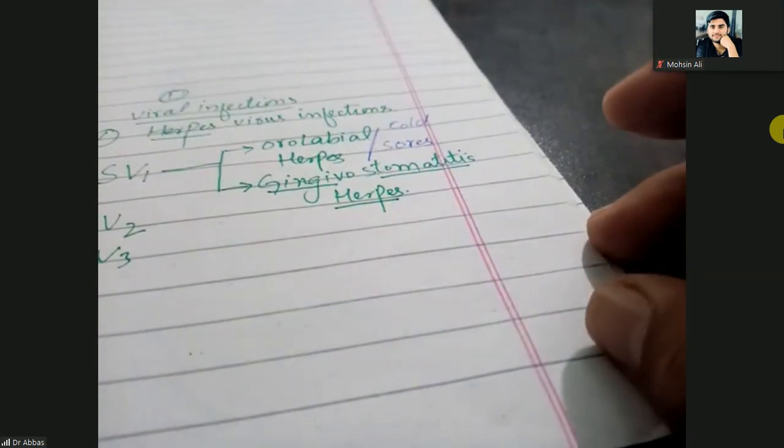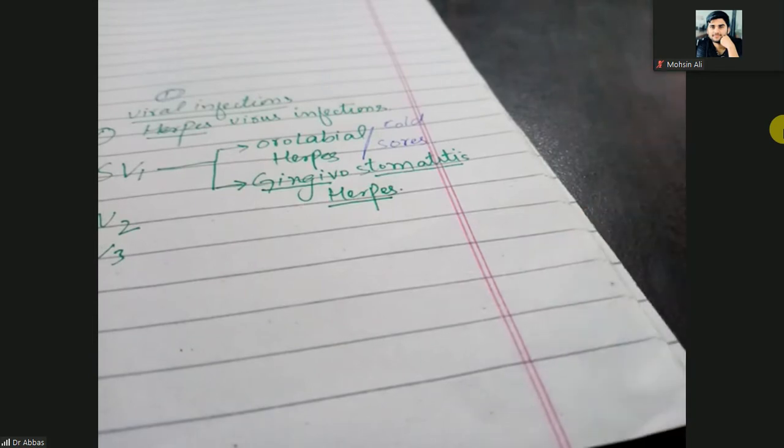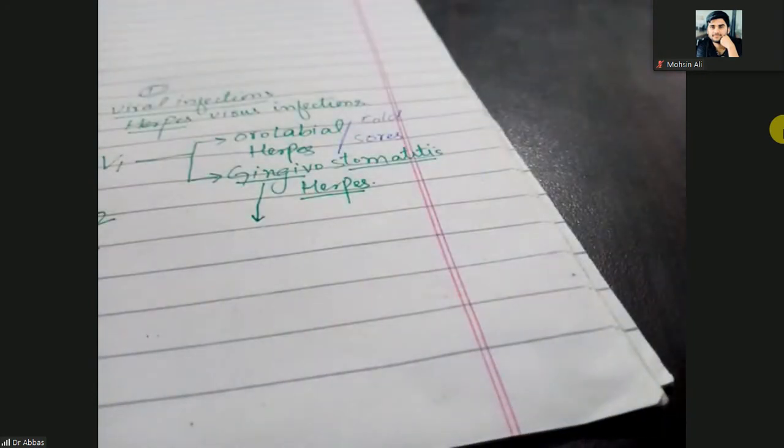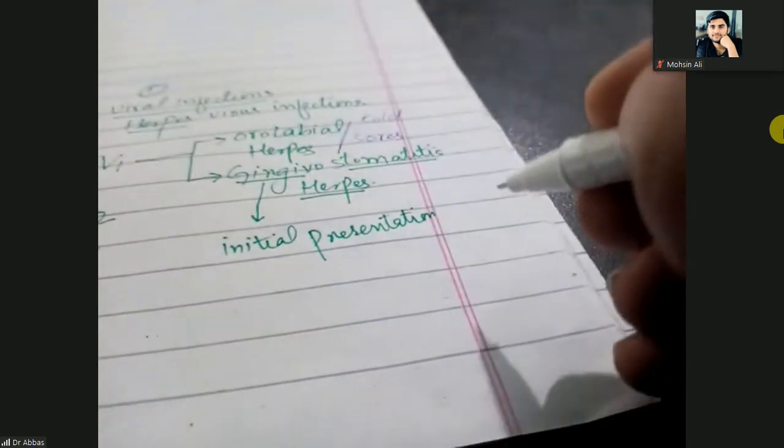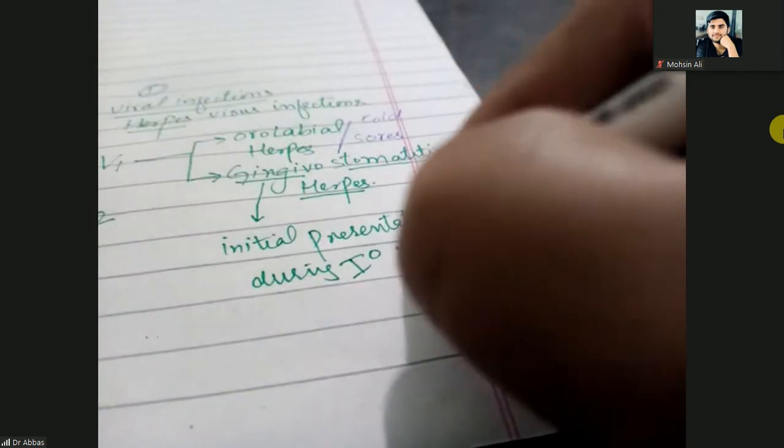So when there are blisters on the gum, that is the initial presentation during the primary HSV infections. So keep in mind, gingivostomatitis means there are some blisters present on the gum, which is the initial presentation during primary HSV infections.